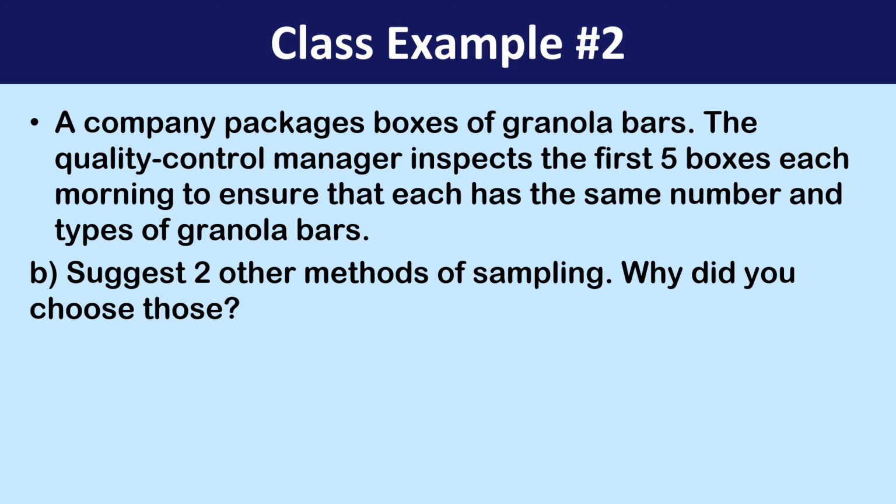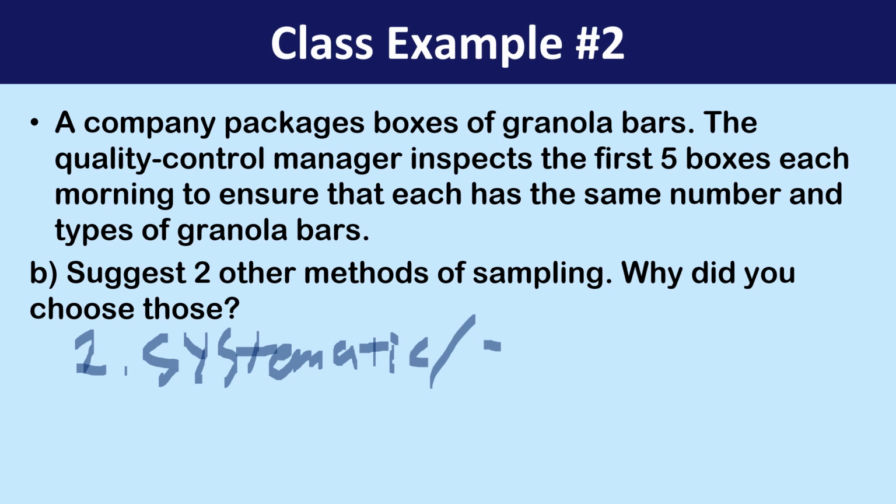I want you to copy B, or you can directly answer B, which is suggesting 2 other methods. I believe at this point I will assume that you're done. It kind of overlaps with the example that I put. First thing first, I will suggest systematic or interval sampling, with a little time condition at random times.